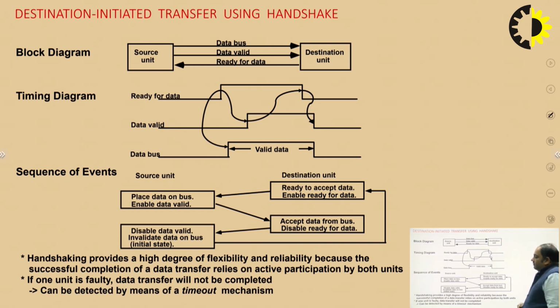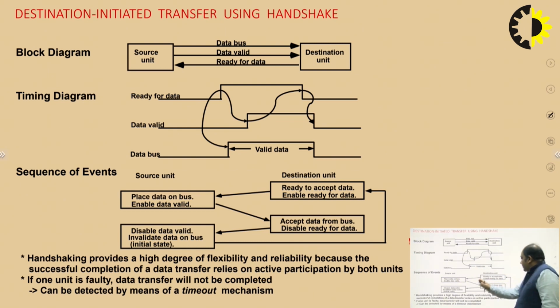So the sequence of events in handshake is: first the destination is ready to accept the data and enables the ready for data bit. Then the source places data on the bus and enables data valid.